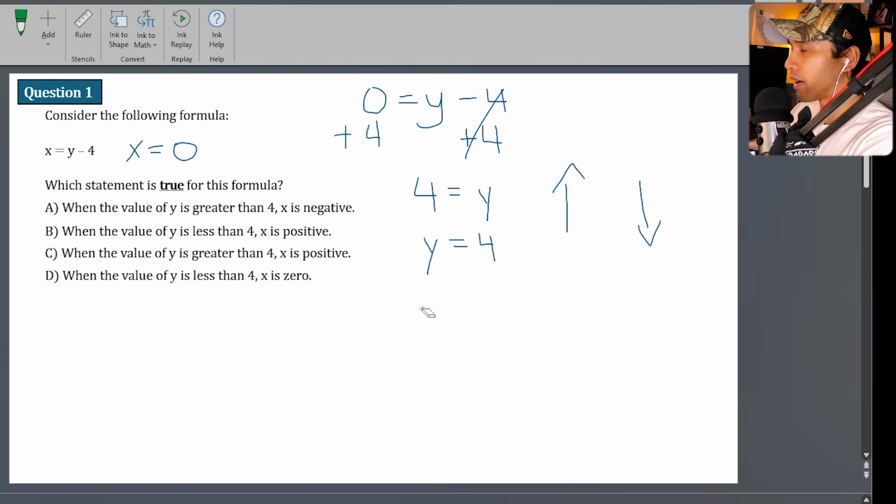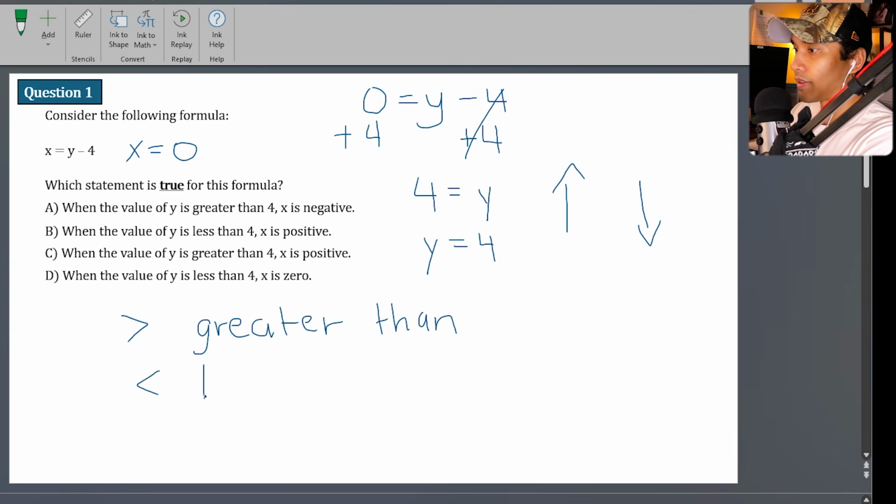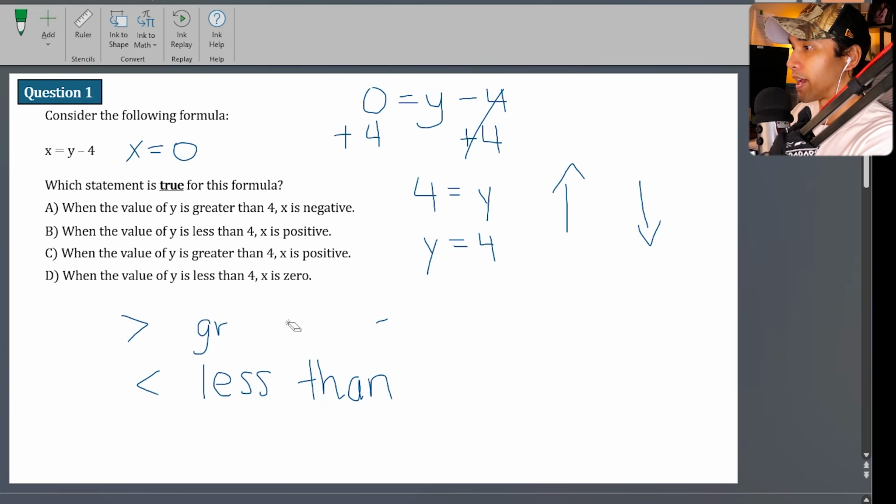Also, before I go on further, you need to know what greater than and less than mean. So this sign right here is an inequality sign, and this means greater than. And this one means less than. You must know this concept for my explanations. Also, I want you to get this down as well.